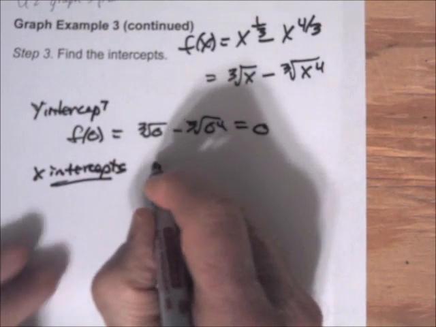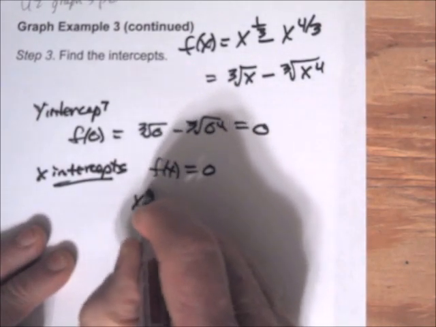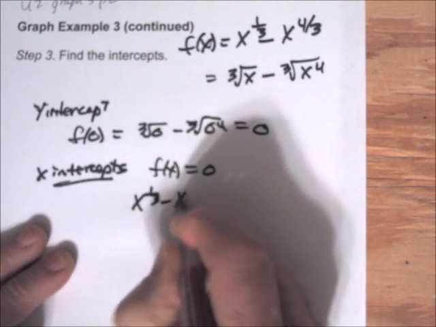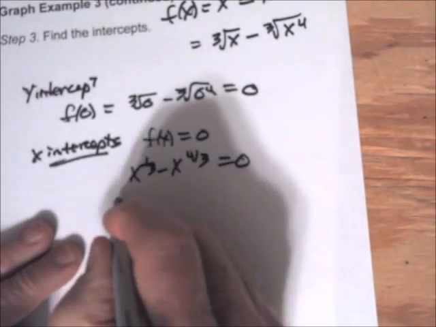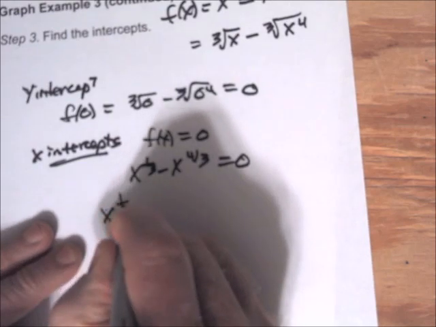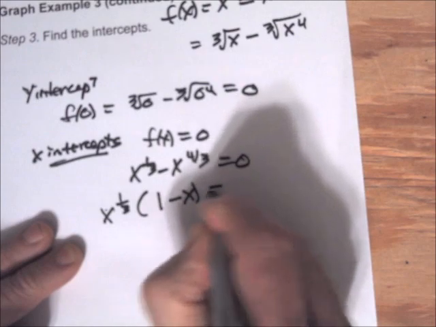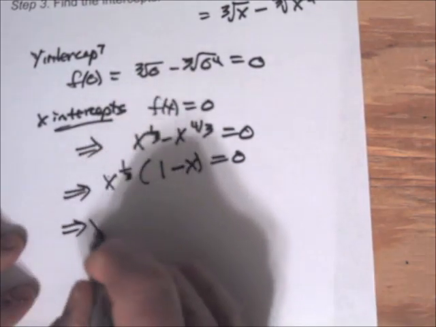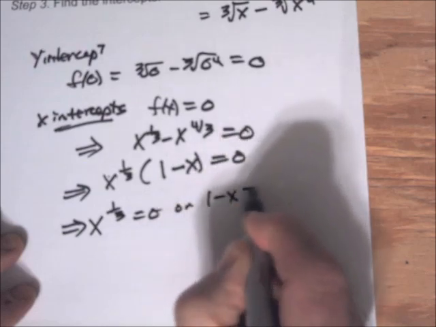And for the x-intercepts, you're going to solve f of x equals 0. That means that x to the 1/3 minus x to the 4/3 equals 0. You can factor out the lowest power of x, so it's x to the 1/3 times the quantity 1 minus x equals 0. So either x to the 1/3 equals 0, or 1 minus x equals 0.